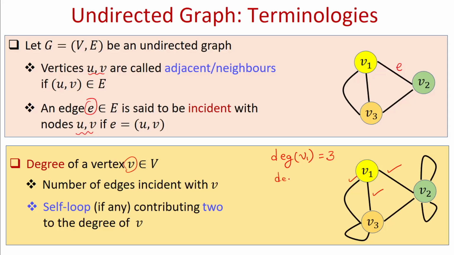Whereas if I consider the degree of the vertex v3, we have this edge, this edge, this edge, and we have a self loop. The self loop will be counted twice while counting the degree of the vertex v3. So the total degree of the vertex v3 will be 5, and so on. The definition of degree is with respect to an undirected graph, which need not be simple. In fact, in this particular example, between the vertices v3 and v1 we have 2 edges, and both of them are counted while finding the degree of the vertex v3.